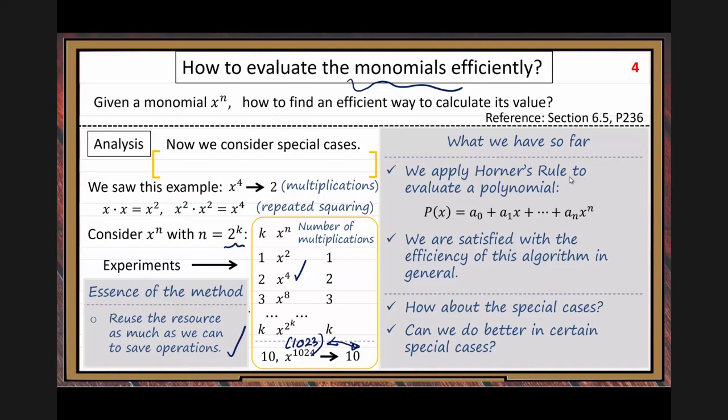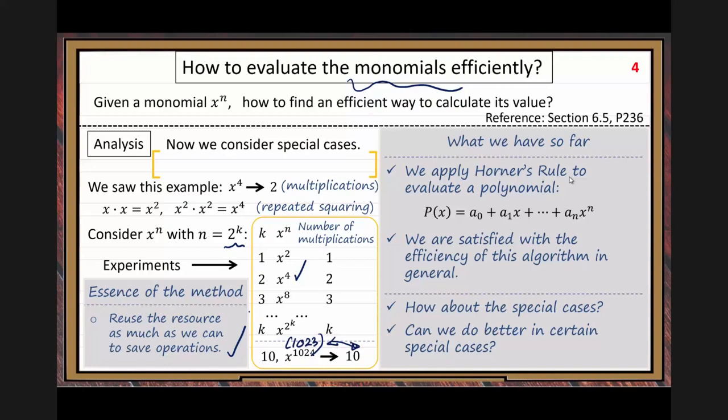Many times you already have a lot of resources. When you make an investment, you already pay and buy a lot of things. Try to reuse your resources. Do not waste, do not buy new stuff. Just reuse your older resources as much as you can.